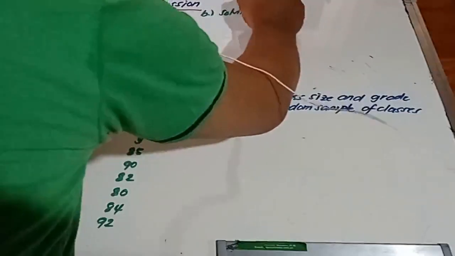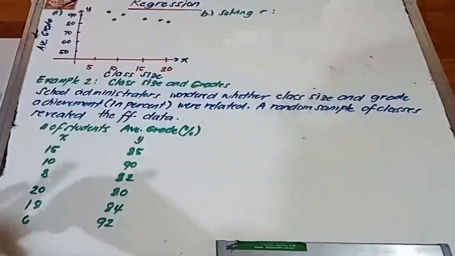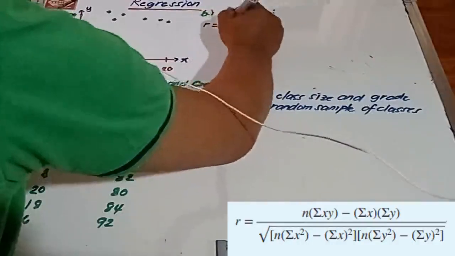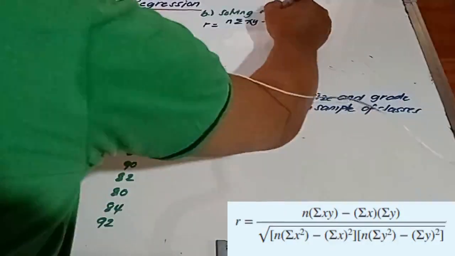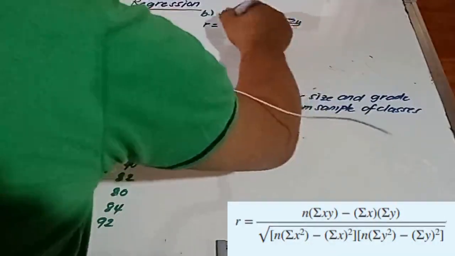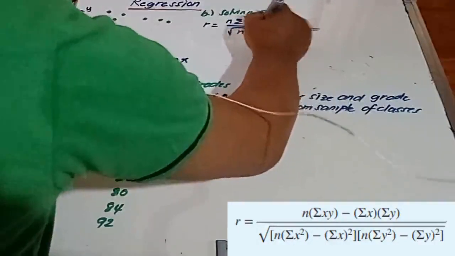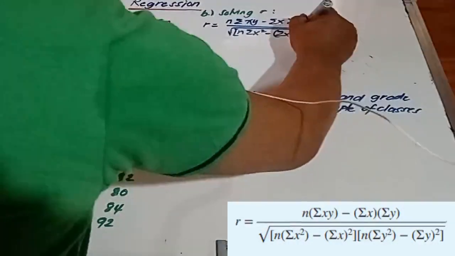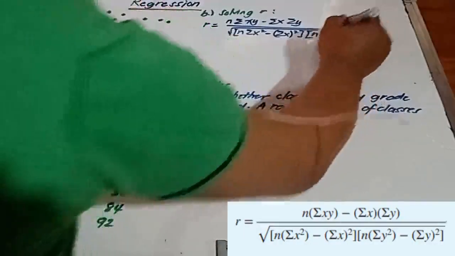Solving R. Okay? Para masolve ang R, so we have the formula R equal to n summation of xy minus summation of x summation of y all over square root of n summation of x squared minus summation of x squared, times n summation of y squared minus summation of y squared.